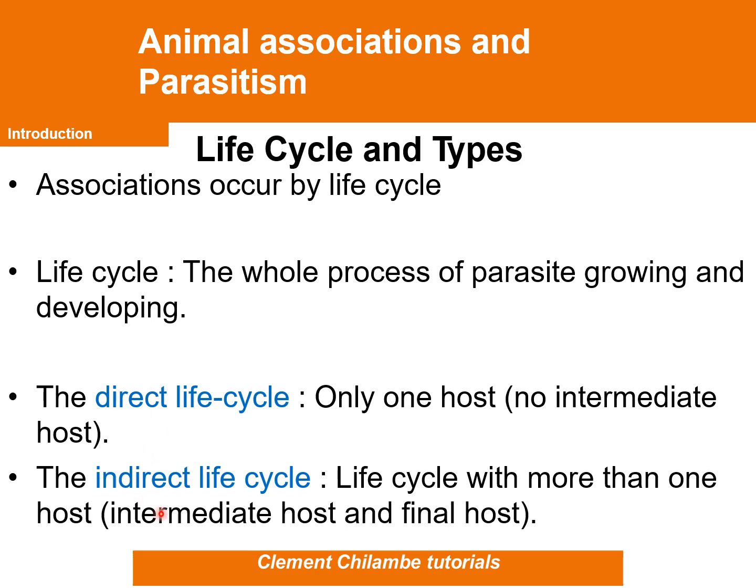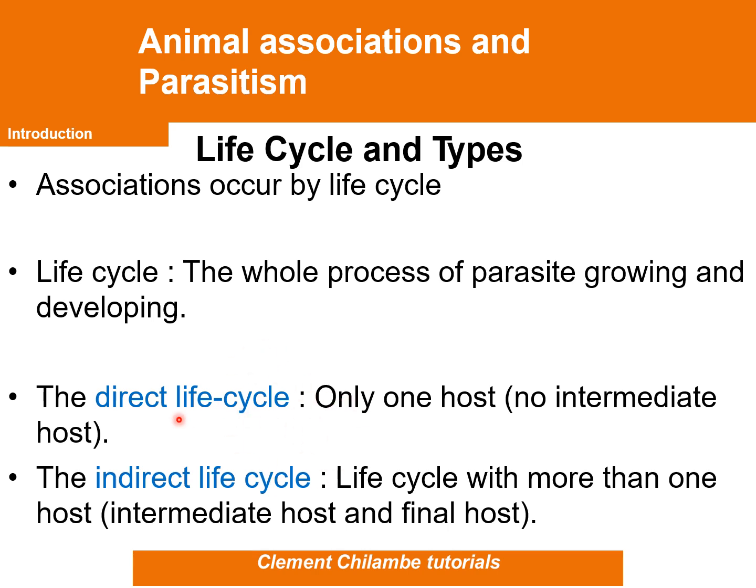Under the indirect life cycle, we're saying the life cycle has more than one host, which means we have the intermediate host and also the final host. So these are some types of the life cycle that we do have. In other words, the direct life cycle is when a parasite requires only a single host to complete its development.